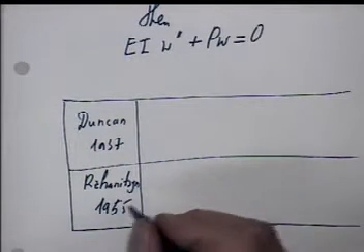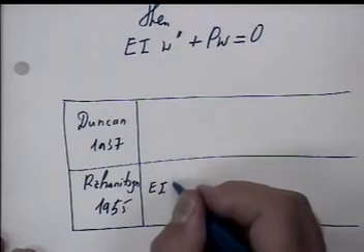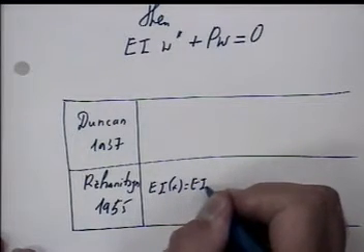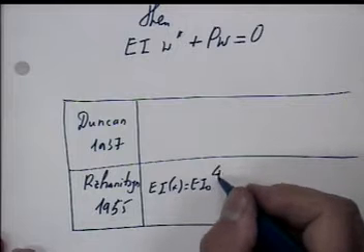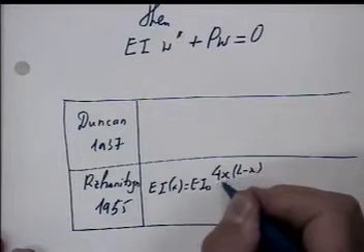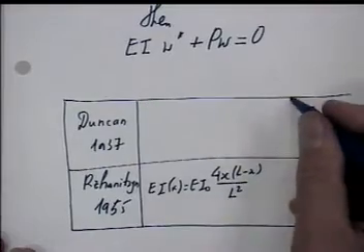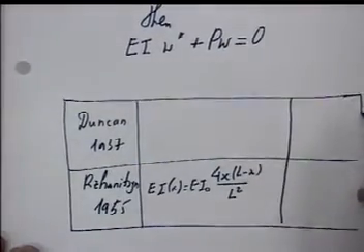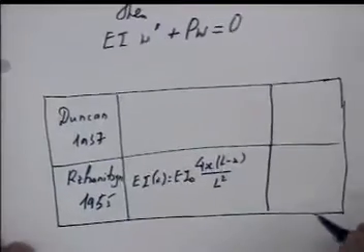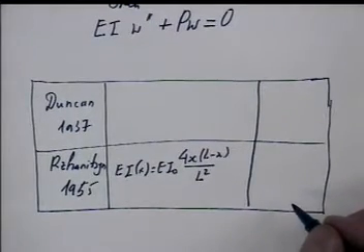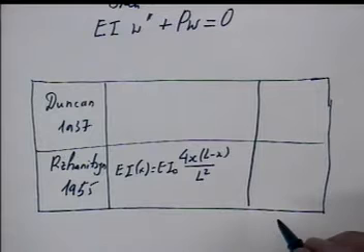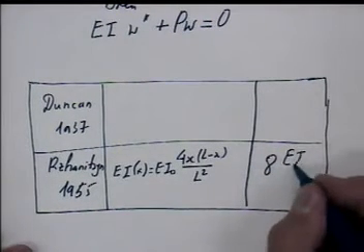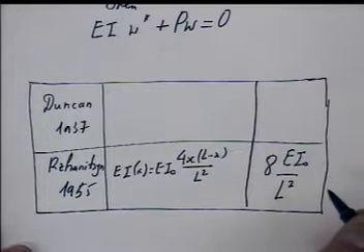So Zhanitsin says EI(x) equals EI0 times 4x(L minus x) divided by L squared, and the appropriate buckling load is 8 EI0 over L squared.